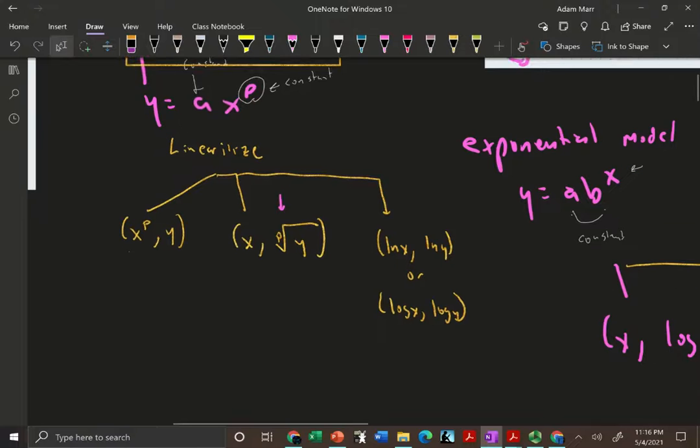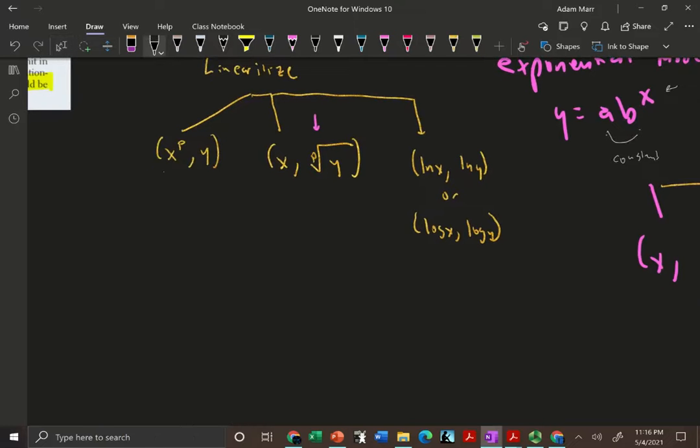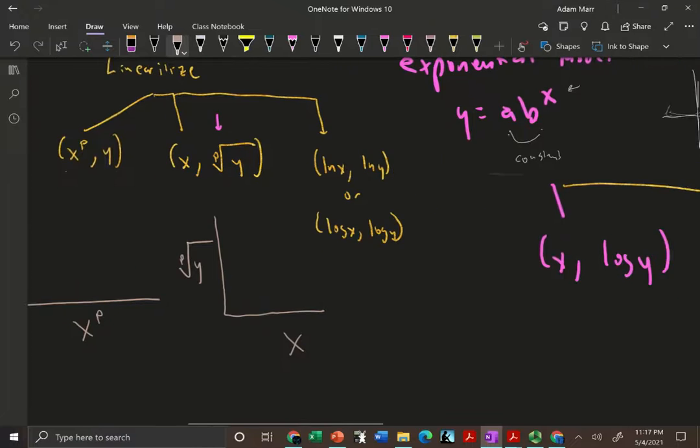To linearize it, one way we do it is that the x values we take to the p power, and the y stays the same. The other way to do it is that the x values stay the same, but the y values are now to the p root.